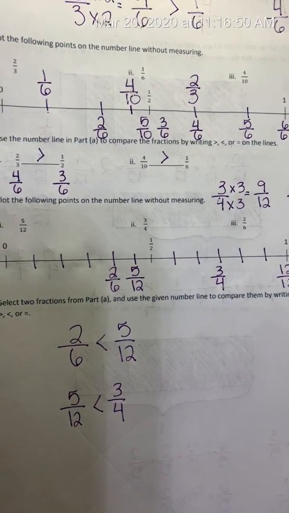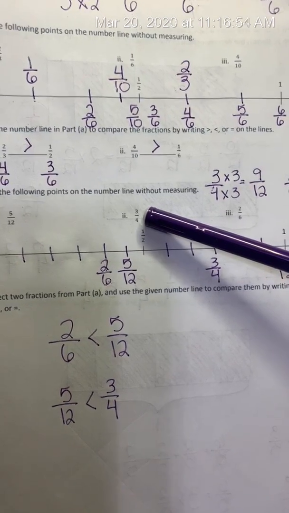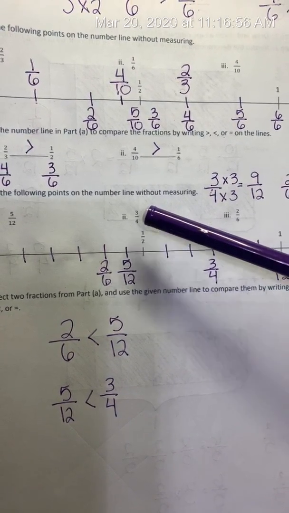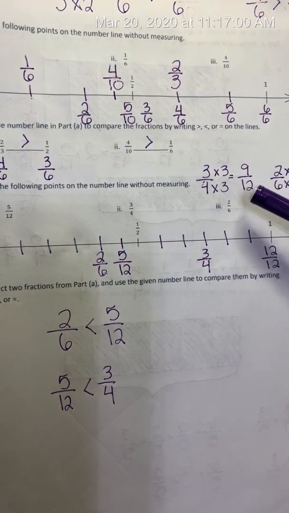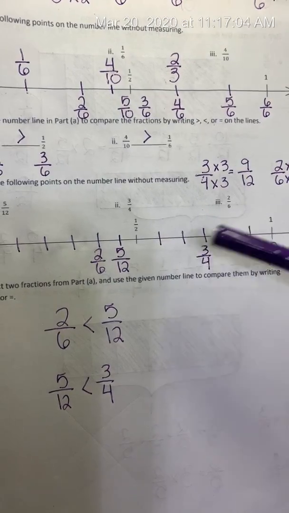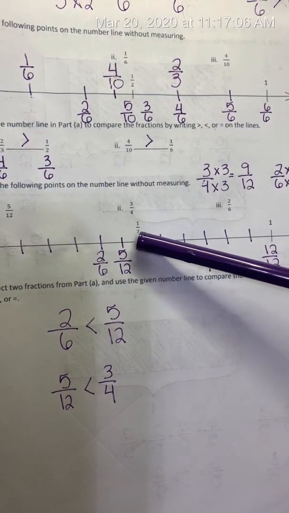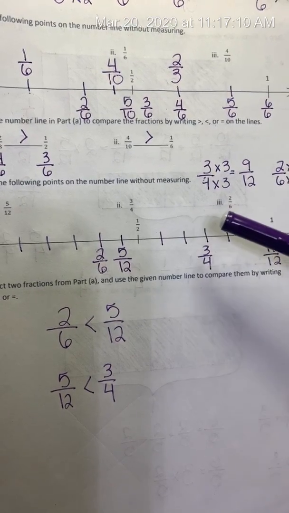And then let's do 3/4 now. So we found the equivalent fraction of 3/4 with the denominator of 12. So 3/4 is equivalent to 9/12. So if we count 9 on the number line, let's start with 6/12, which is 1/2. So 6/12, 7/12, 8/12, 9/12.